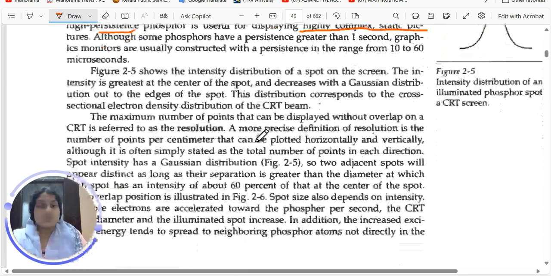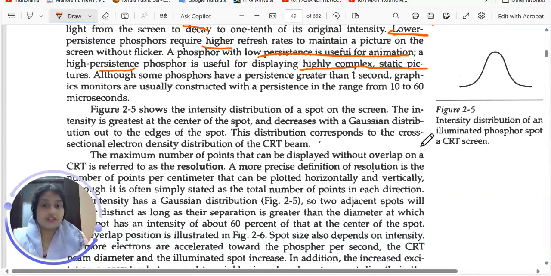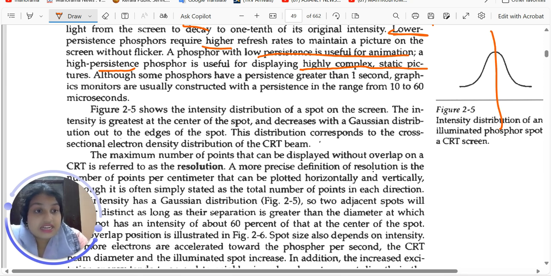Now, you can see in this figure the intensity distribution of an illuminated phosphor spot on the CRT screen. Where is the intensity greatest? Look here, this is the center.